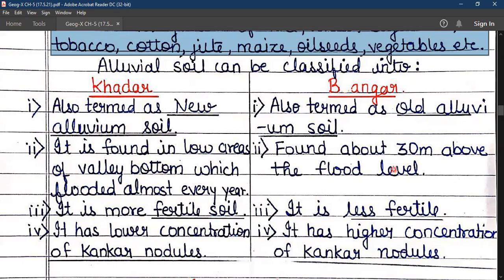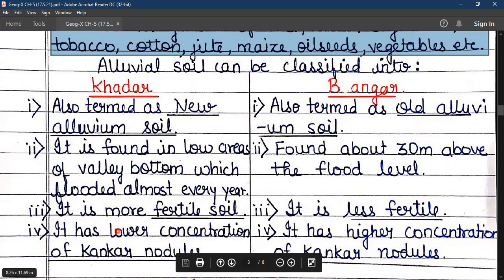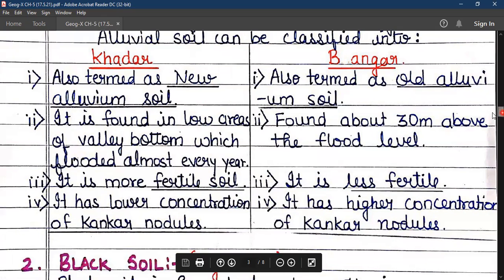Khadar is more fertile soil, whereas Bangar is less fertile. Khadar soil has a lower concentration of kankar nodules, whereas Bangar has a high concentration of kankar nodules. So this is about the alluvial soil.